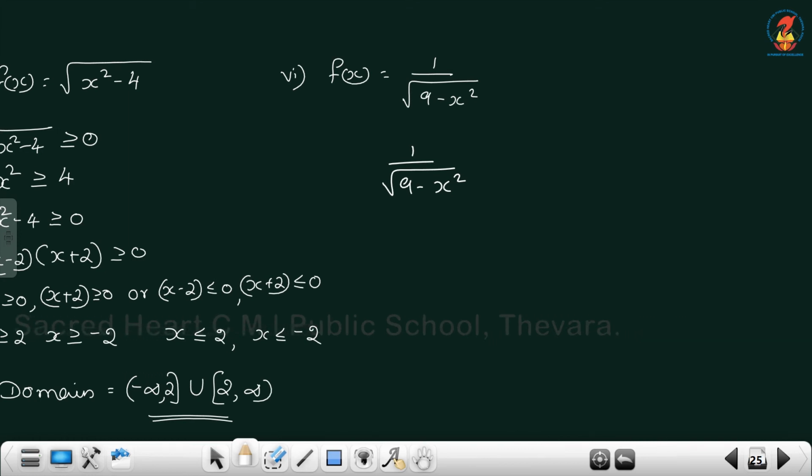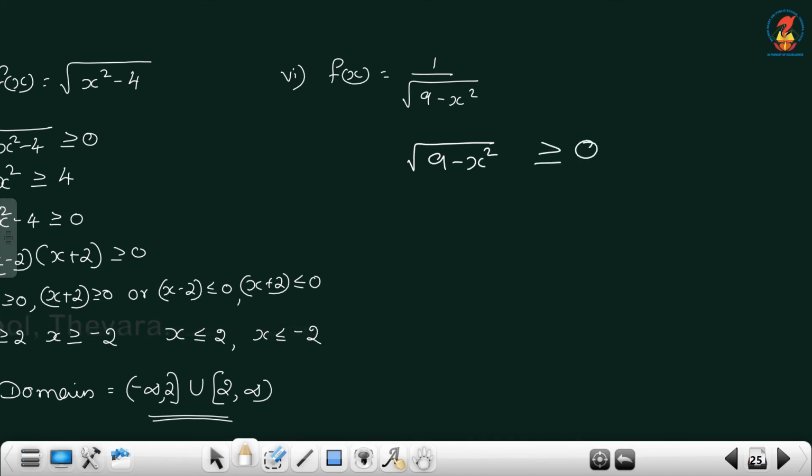So the denominator cannot be 0. So we can write 9 minus x square. Usually for a root we write this is greater than or equal to 0. But here, since it is in the denominator, it cannot be 0. So I have to give greater than 0.